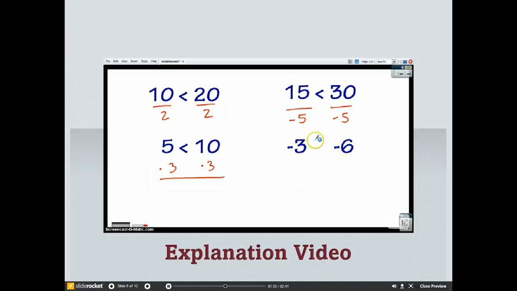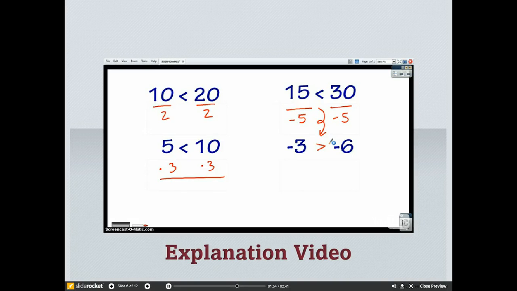In fact, what's happened is our values have kind of flip-flopped. Positives became negatives, but because of the nature of negatives and greater than and less than, -3 is actually greater than -6. So in order to make things true still, we have to flip-flop the inequality the opposite direction.